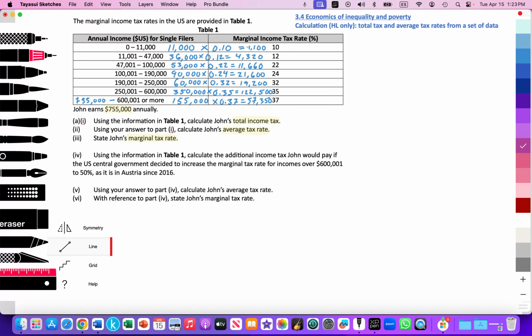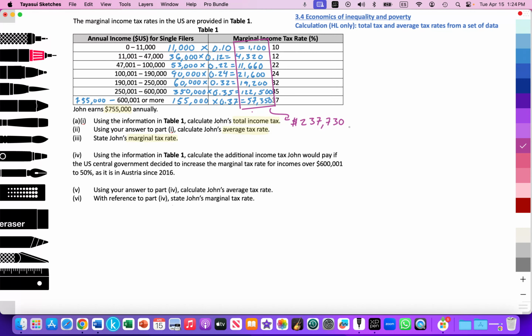Adding 1,100 plus 4,320 plus 11,660 plus 21,600 plus 19,200 plus 122,500 plus 57,350, that's going to be a total of $237,730. So there is my total income tax right there.